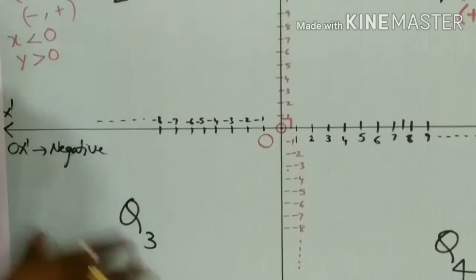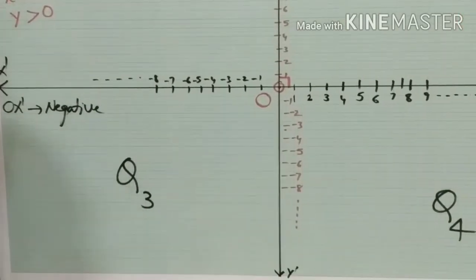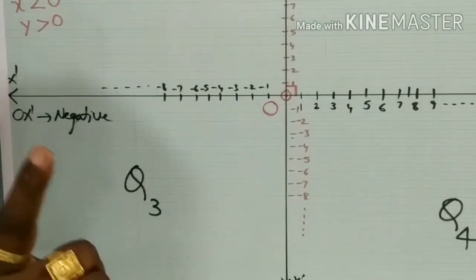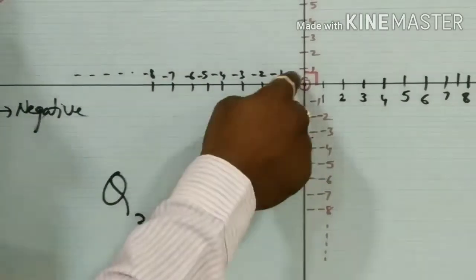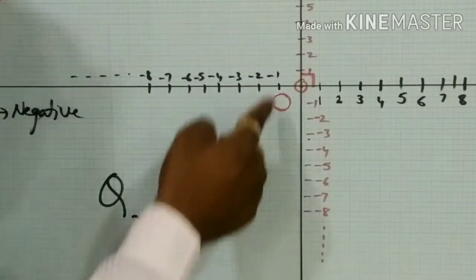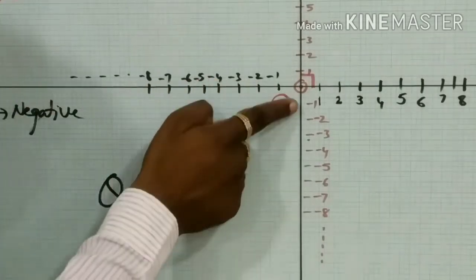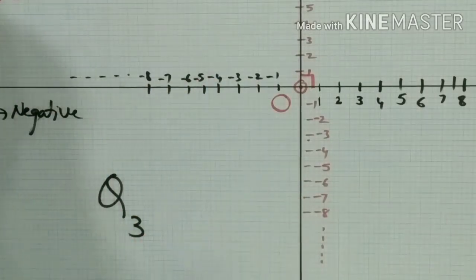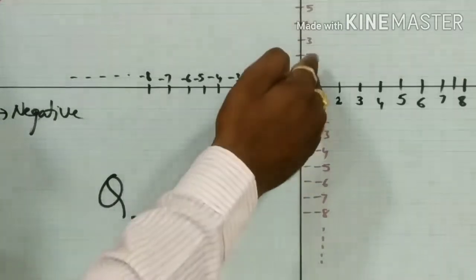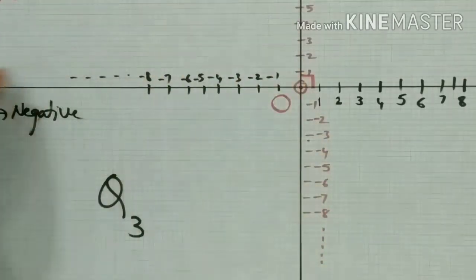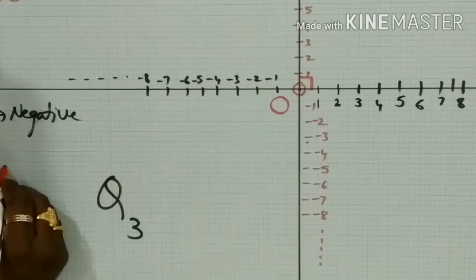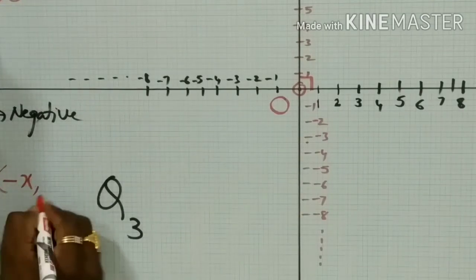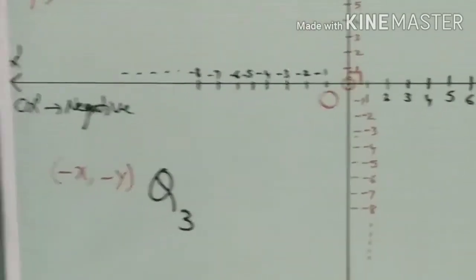Now come to the third quadrant. Always you should start from x. X values are negative and y values are also negative: minus 1, 2, 3, 4, and so on. Both x and y are negative, that means minus x and minus y.